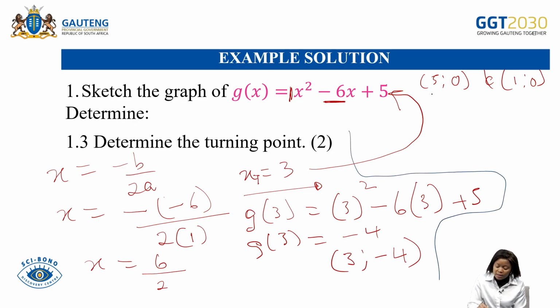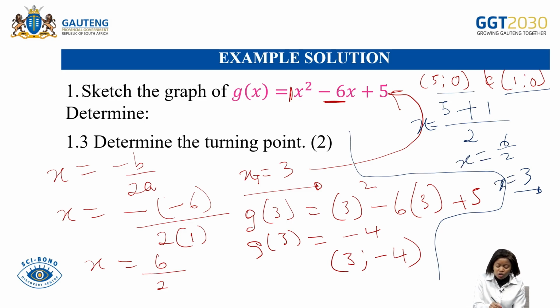So you are going to have this value of x, it's 5, plus that value of x, which is 1, you divide it by 2, right? Then 5 plus 1 is going to give you a 6 divided by 2, which is going to be a 3. So it does give you the same value of x as the value of x that you get when you're using negative b all over 2a.